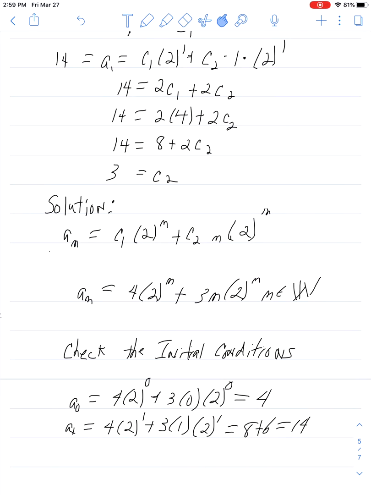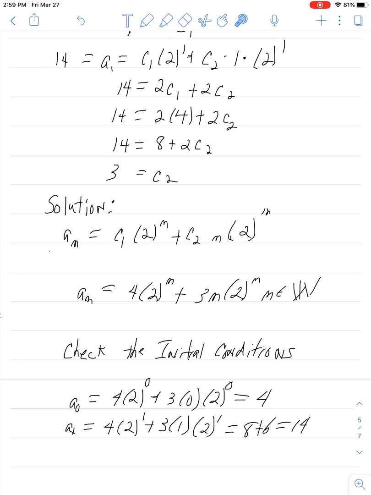So again, just to be sure I did my arithmetic right, I can check to make sure it works for at least the initial conditions. The initial conditions, you recall, were a0 is 4 and a1 is 14. Well, when I plug in n equals 0 here, I get this. And that cleans up, since this is 0 and 2 to the 0 is 1.